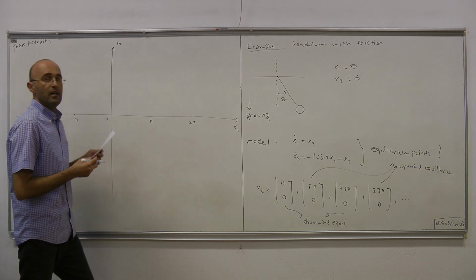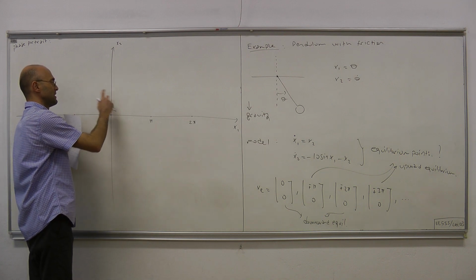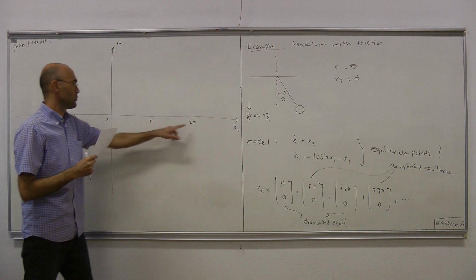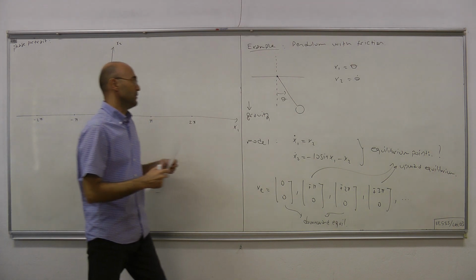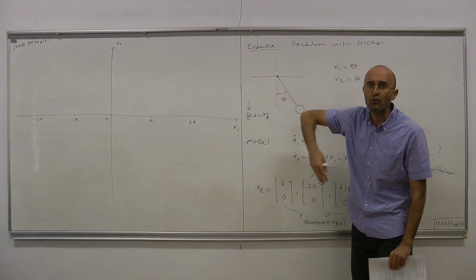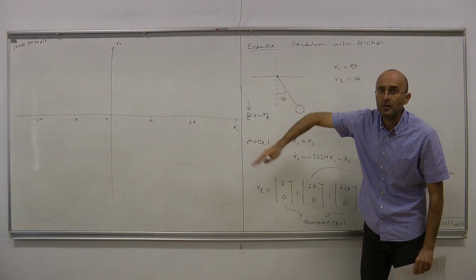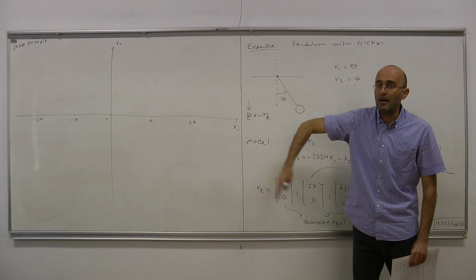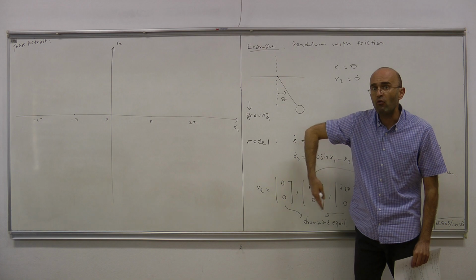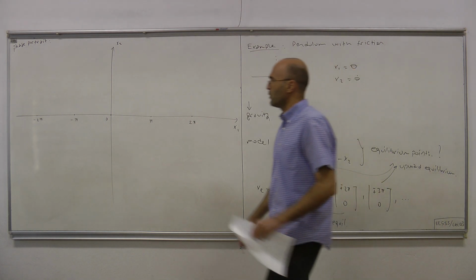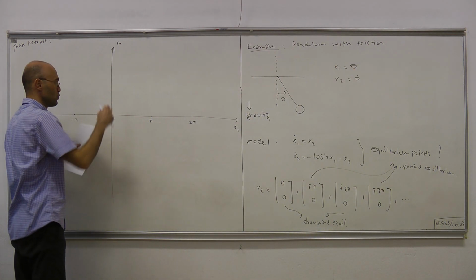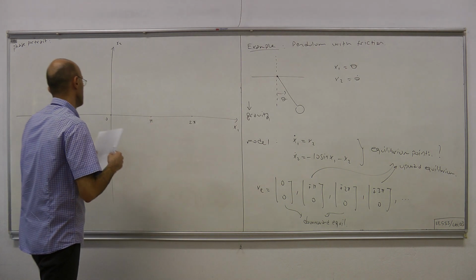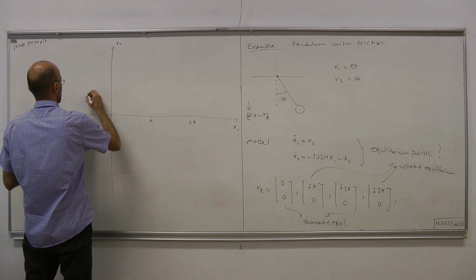Now, if you start somewhat close to one of the stable equilibrium points, 0, 2 pi, or minus 2 pi, we know from experience that it will make some oscillations, and those oscillations will lose amplitude as time goes on, and you eventually converge to the stable equilibrium point. What happens on the x1, x2 plane is you have this spiraling motion toward the stable equilibrium point.